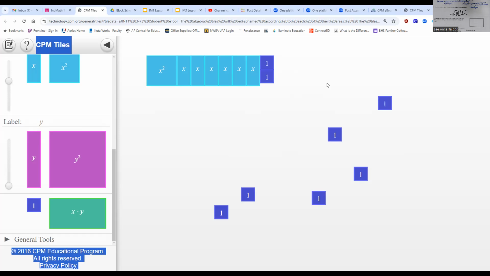Okay, so your goal in the next few minutes is to try to arrange this. This is wrong, by the way, mine is wrong. I did it wrong on purpose, because I wanted to show you what not to do. Notice it doesn't make a perfect rectangle. So you need to drag them around. You're going to have to switch some of the orientation of the X tiles. You're going to have to double click them to go sideways. Some of them need to be sideways.